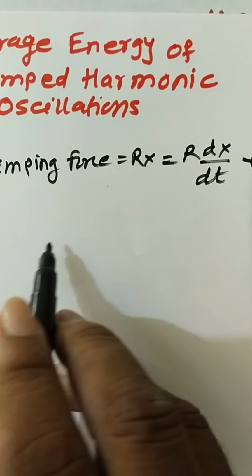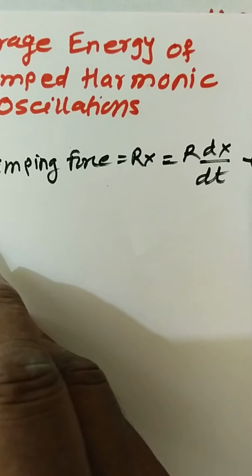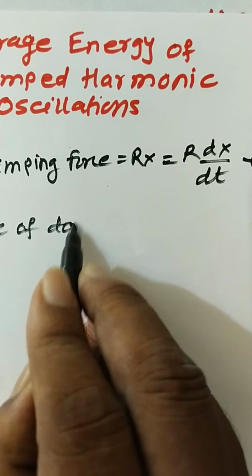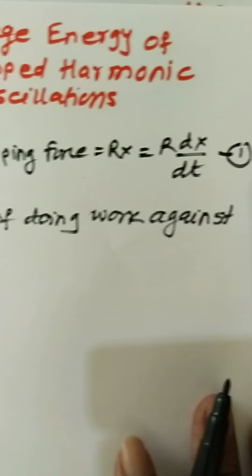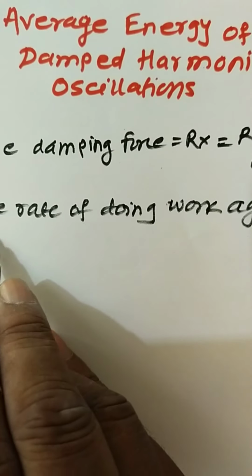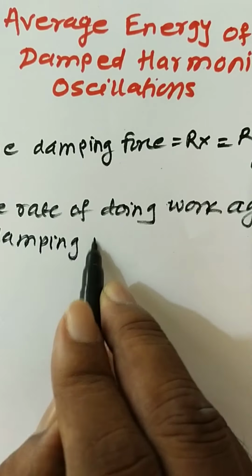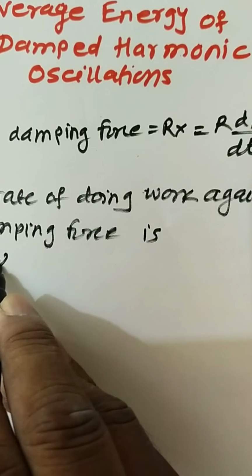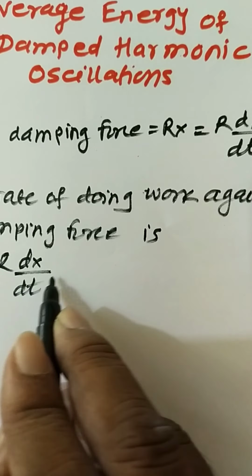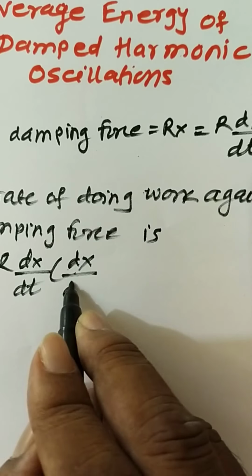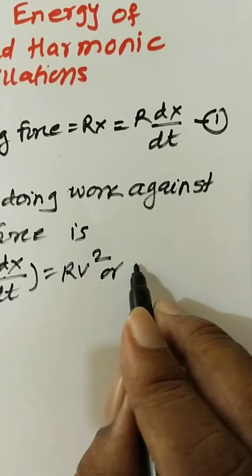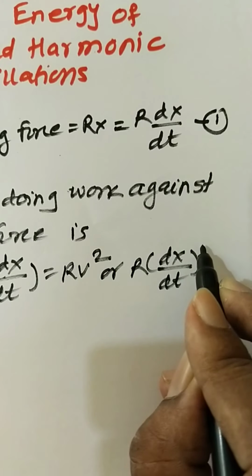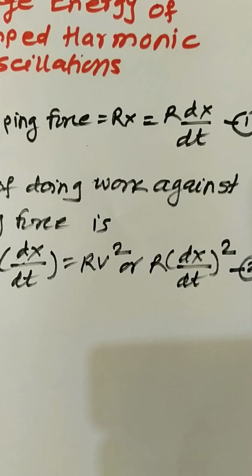The rate of doing work against the damping force is R dx by dt into dx by dt, which is equal to R v square, or it is written as R (dx by dt) whole square. This is equation number 2.